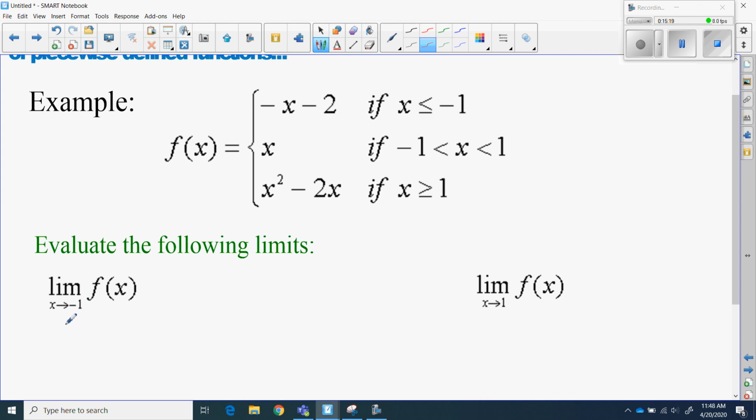If you think back to limits, when it didn't stipulate left side or right side, it implied that we were checking both of those. So even though it doesn't say it, I need to figure out what is the limit of this function as x gets close to -1 from the left side, and what is the limit as x gets close to -1 on the right side.